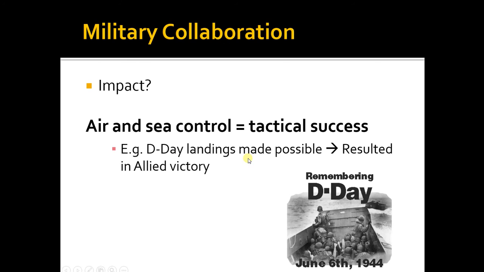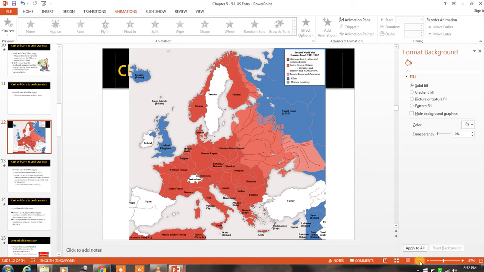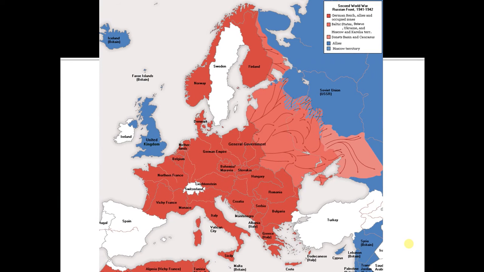Basically, they landed in northern France. So I'm talking about the D-Day landings. Basically, what happened was that the Germans were busy fighting with the Soviets over here.